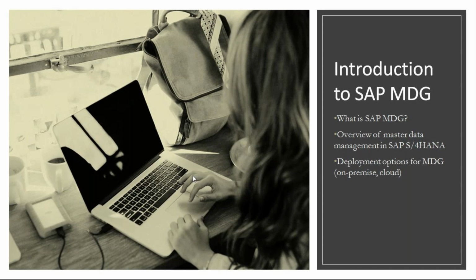So in this tool, we are managing the data, we are governing the data. By using this tool, we can manage material master, business partner, including customer and vendor, and finance master. There is also a possibility to manage custom objects, but in most projects, these are the master data we deal with.